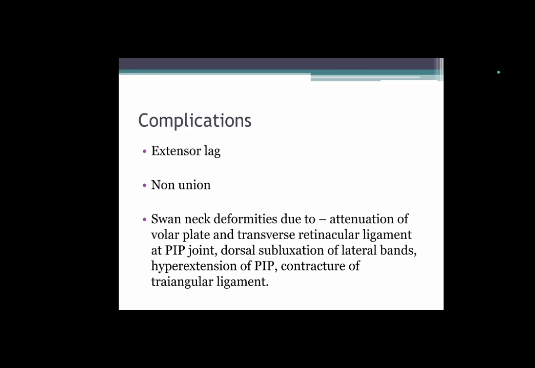To summarize, mallet finger is a common injury affecting the extensor mechanism of the fingertip. It usually results from a sudden force that bends the extended finger, causing tendon rupture and avulsion fracture. Patients present with pain, swelling, and an inability to straighten the fingertip.